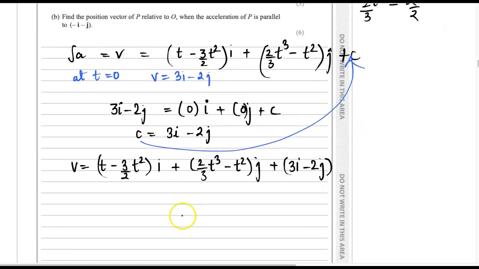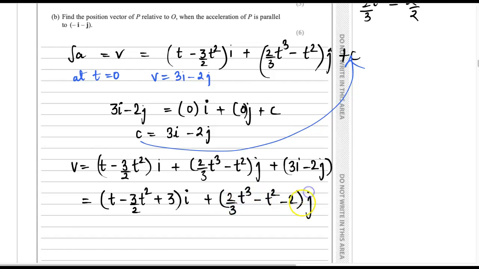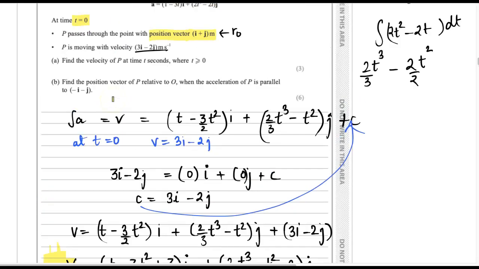Correct? Now we can simplify it more. So it would be t minus 3 over 2 t squared plus 3 i plus 2/3 of t cubed minus t squared minus 2 j. This is what the velocity, the first answer is. This is what we have got, the first answer.